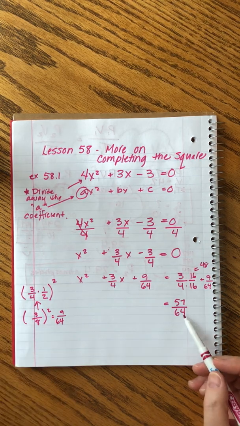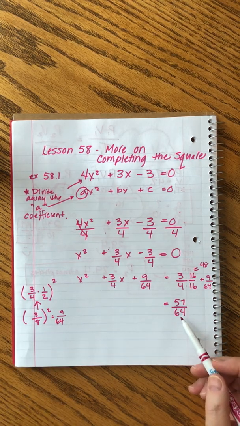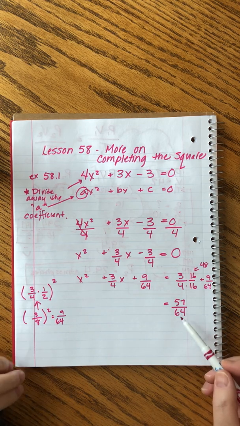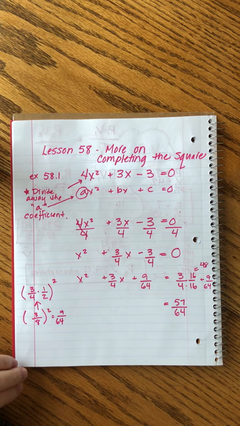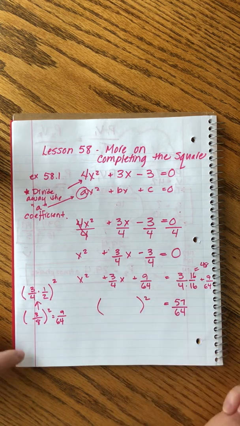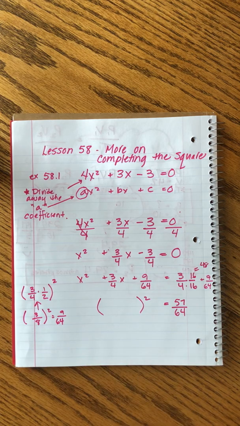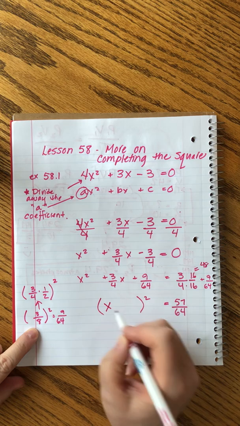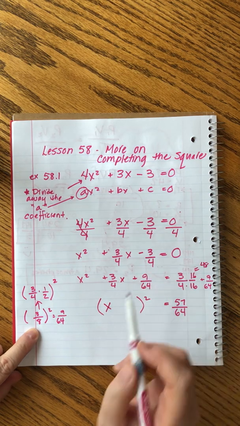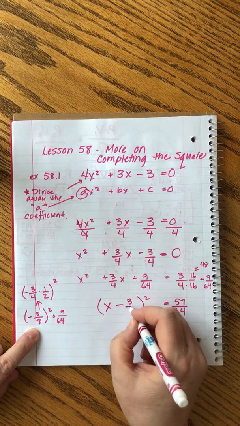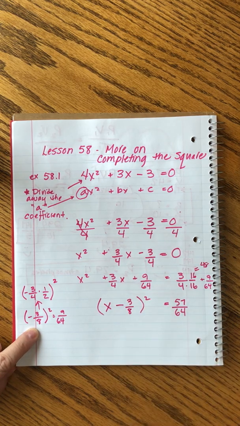I notice the bottom is a perfect square. Remember, that will always be true. Even on the right side, with that creepy fraction, your bottom's going to be a perfect square. So that's happy. On this side, I want to write my other factor, which I created with my magic number. And I remember that if I look inside my parentheses, that gives me the number that belongs here. It's minus. I forgot to write that. So it'll be minus 3/8. Does that make sense?